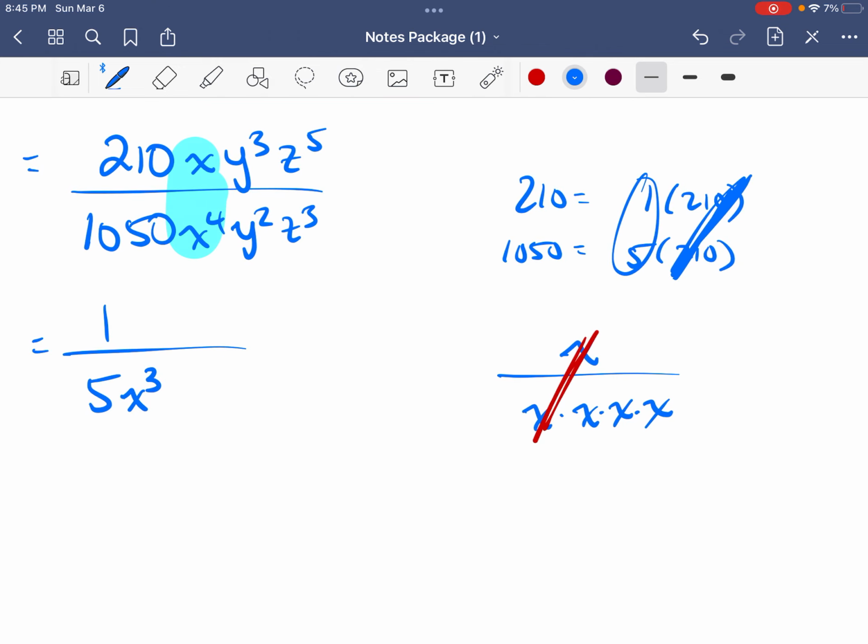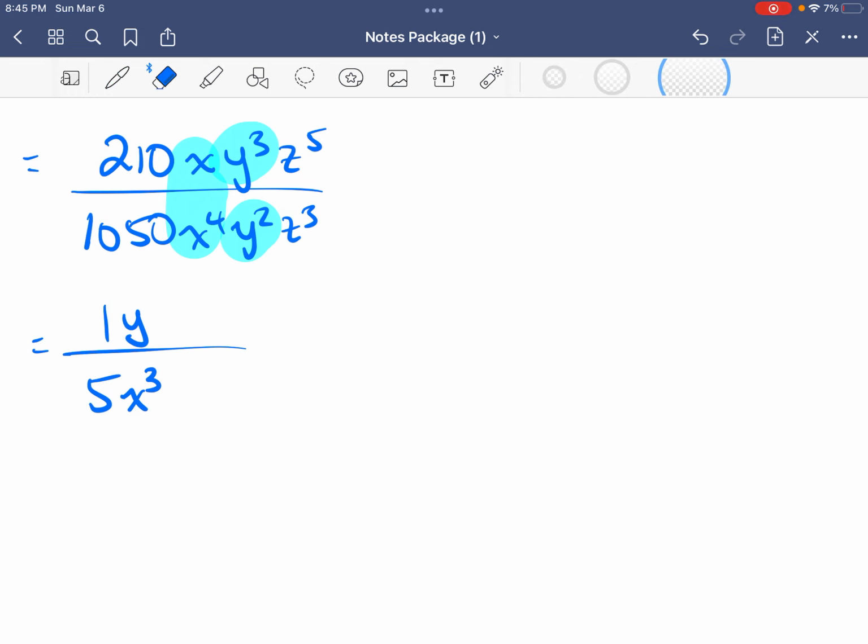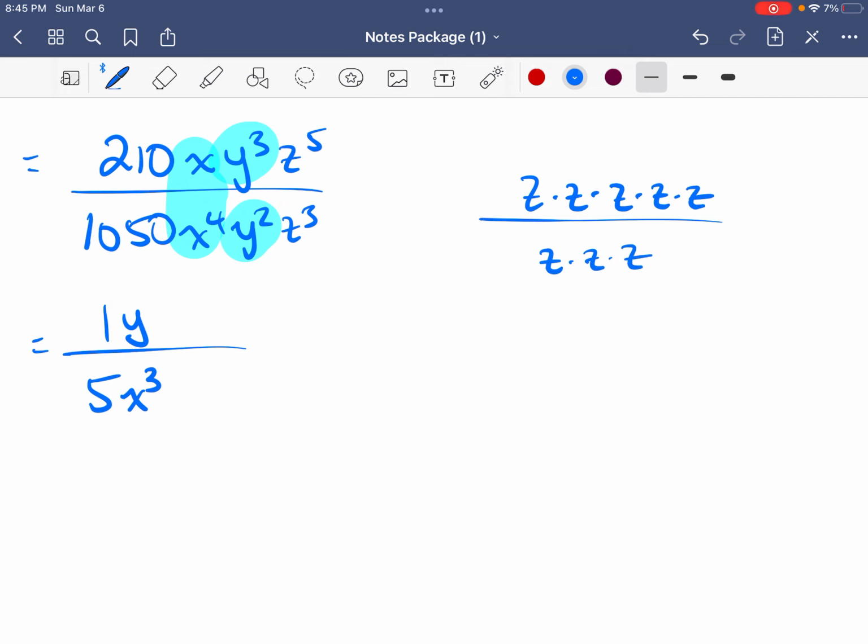And then we've got y cubed and y squared. So y cubed means y times y times y, and y squared means y times y. So two of those will simplify. You're still left with a y in the numerator. And then lastly, the z^5 and the z cubed, you can see that 3 of them will simplify, and you're still left with z squared in the numerator.